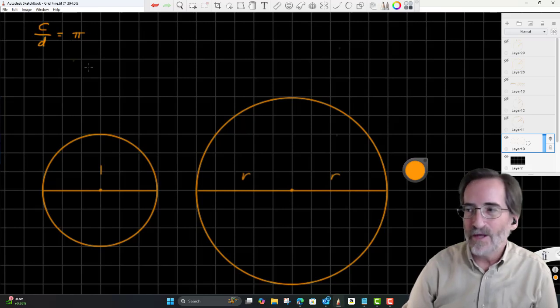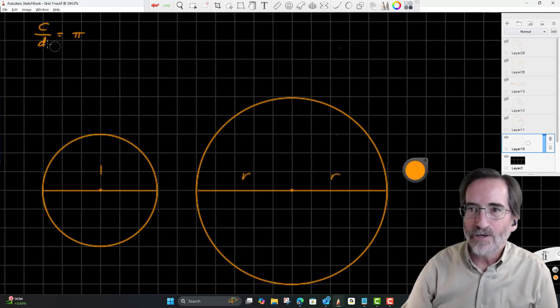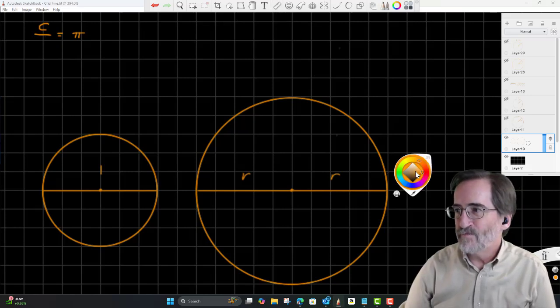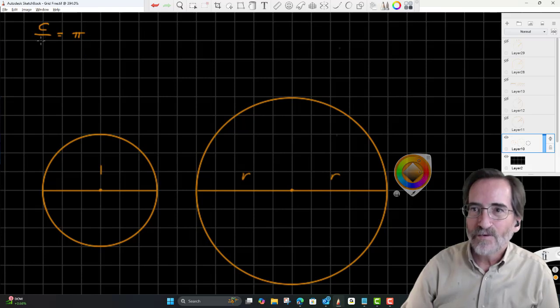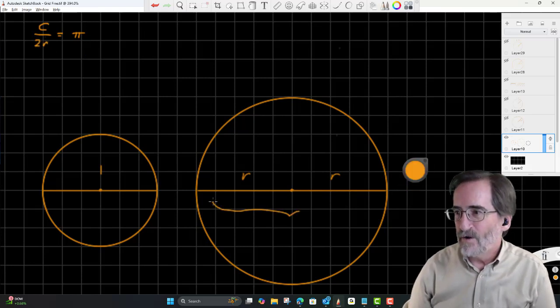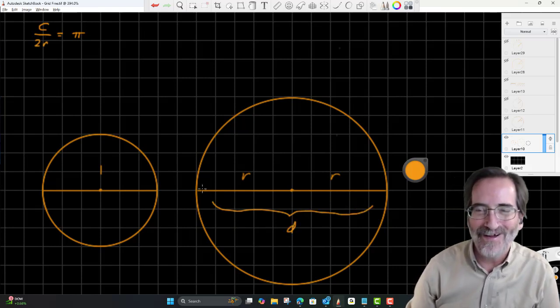And let's rewrite that diameter as 2r. Two radiuses make a diameter right here. Now it looks like a smiley face if you look at it.